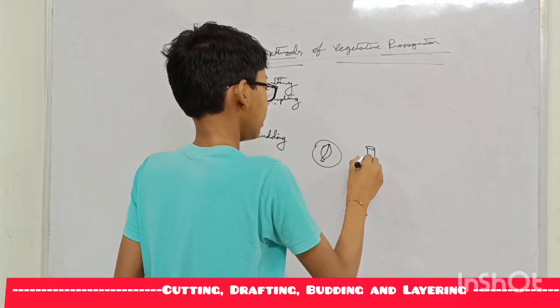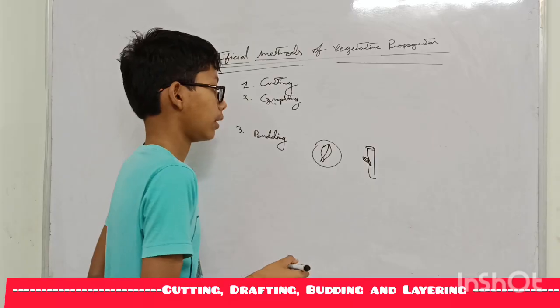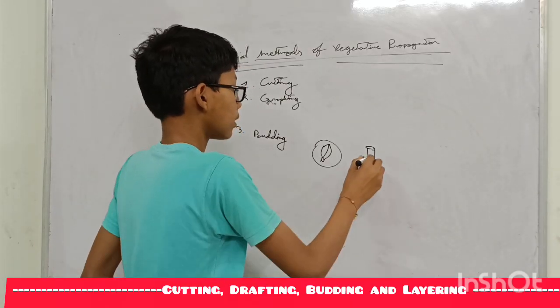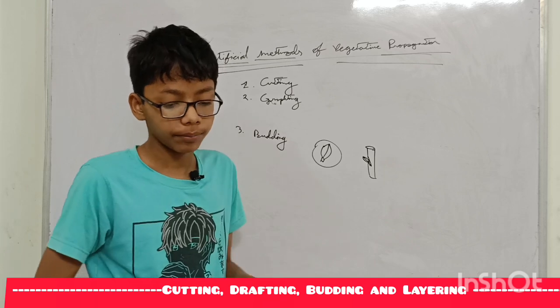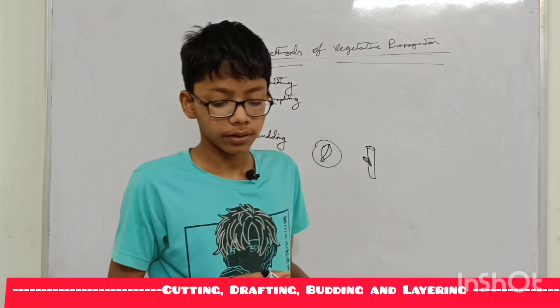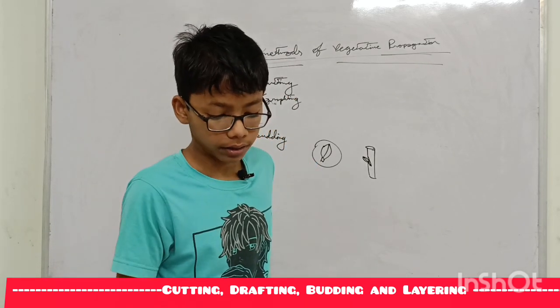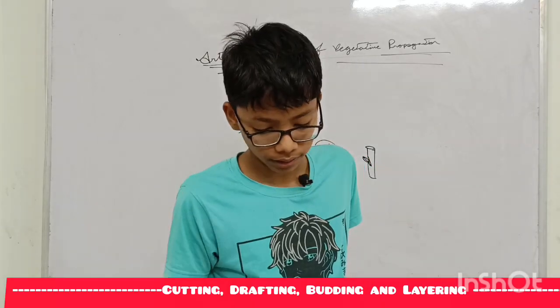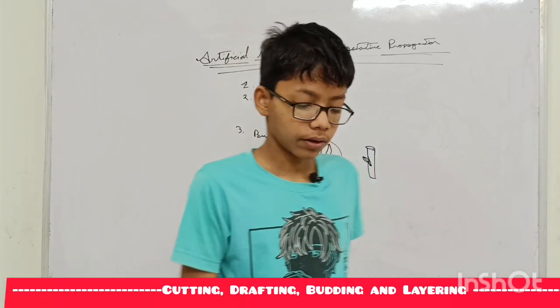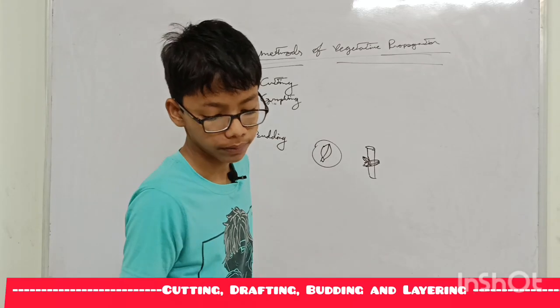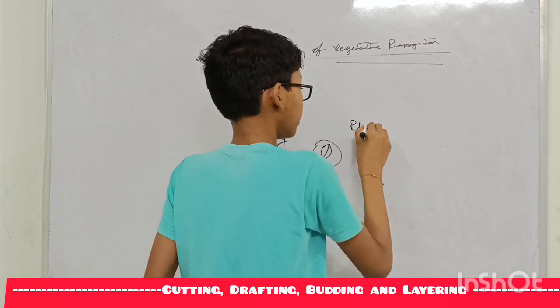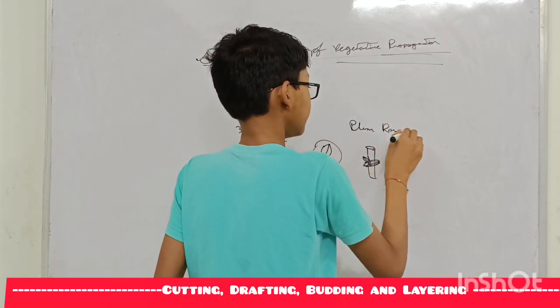Then the bud is inserted into the desired plant, and after some time it will make another plant. Yes, and both of them are tied together to form a structure. An example is plum rose.